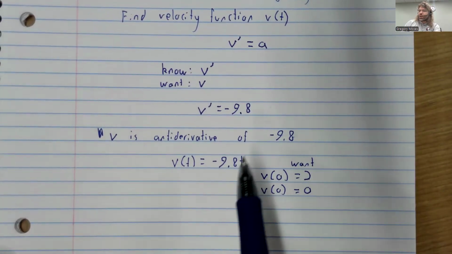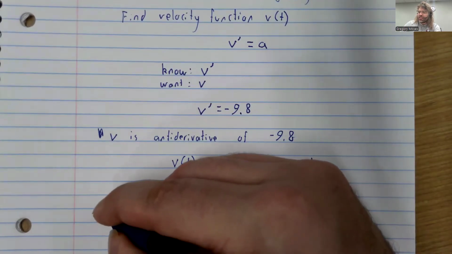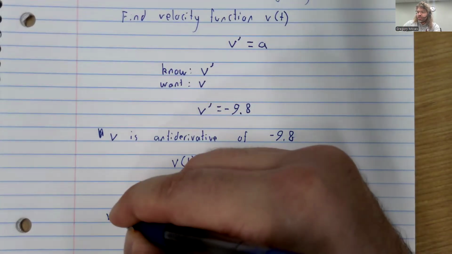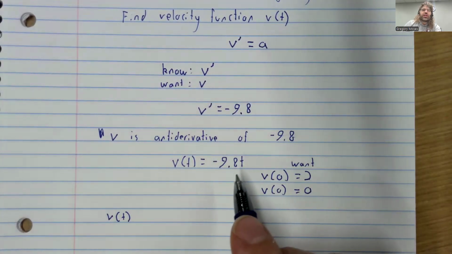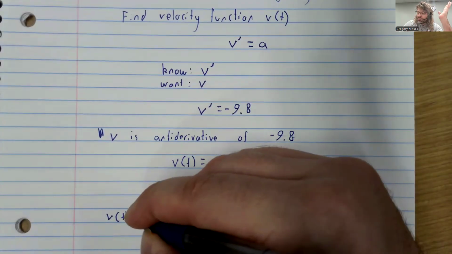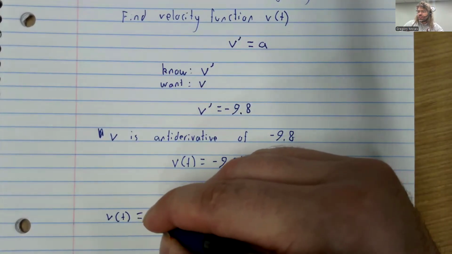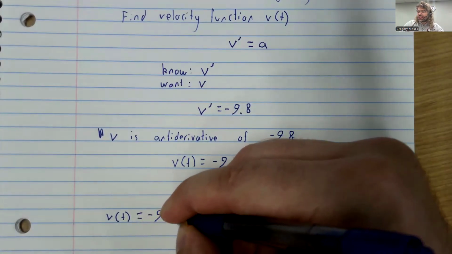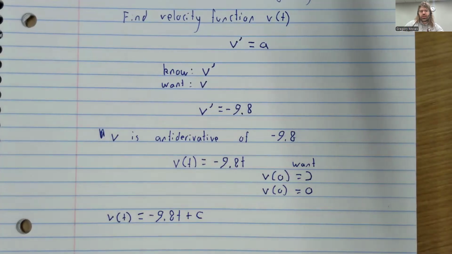So once we found an antiderivative, negative 9.8 times t, the antiderivative that we actually want is negative 9.8t plus some constant.